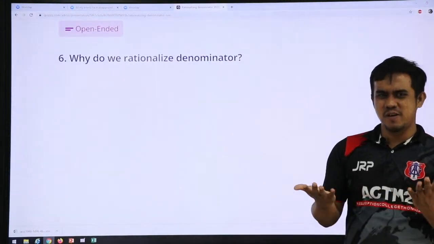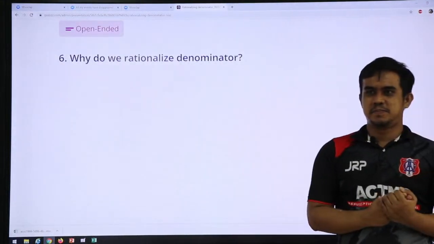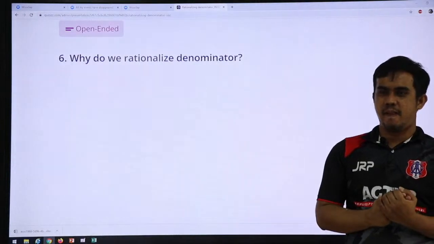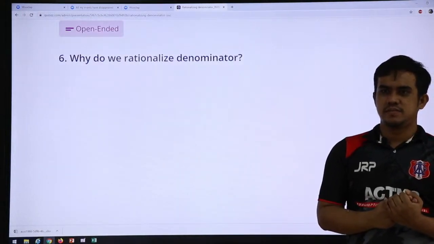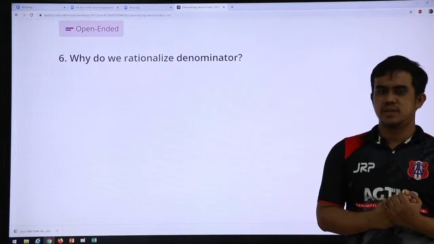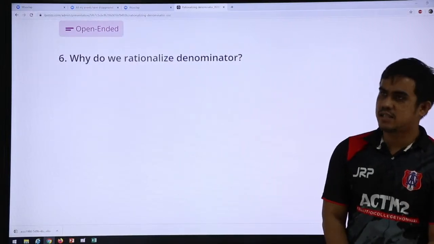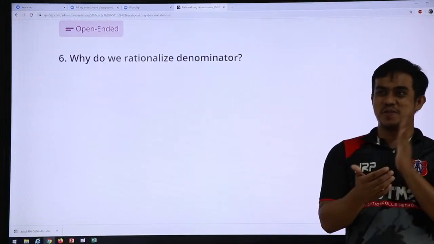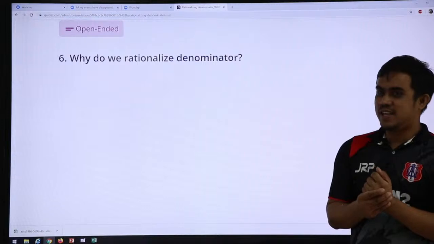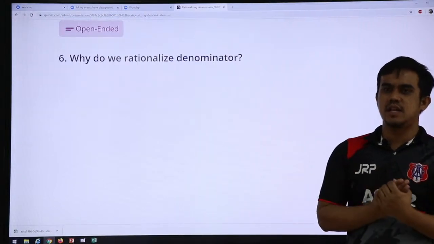Go. To solve the question easier. Okay, give chance to Anoj. 1 point to Anoj. Who else? Why do we need to rationalize the denominator?